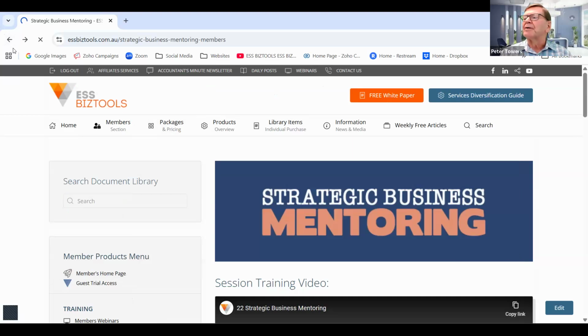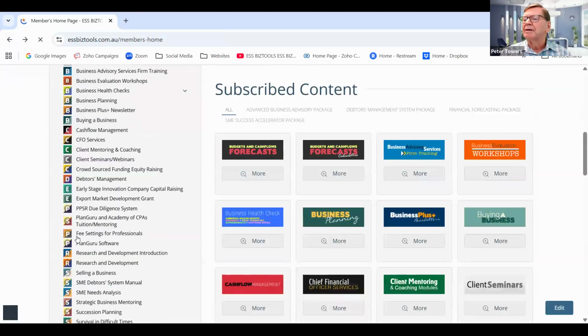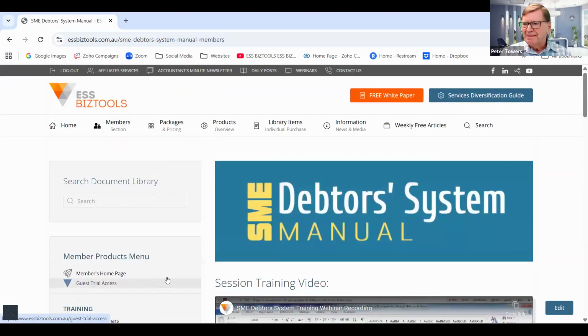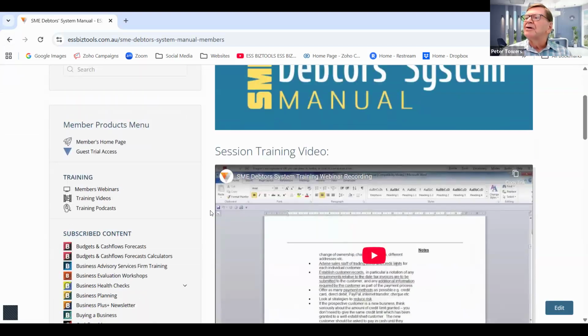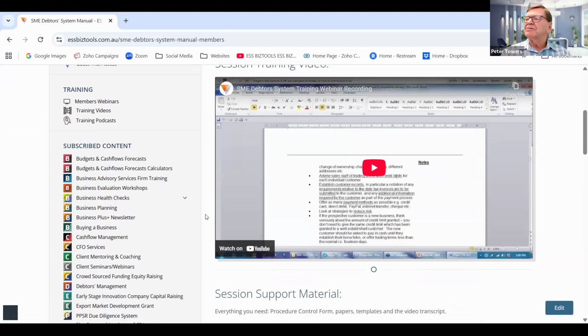Then I clicked on the wrong one. My apologies. SME Debtors Systems Manual. So this is the preamble to the manual.